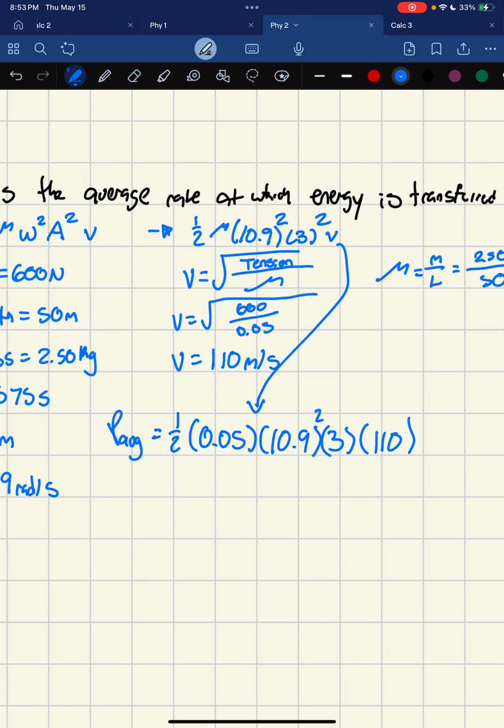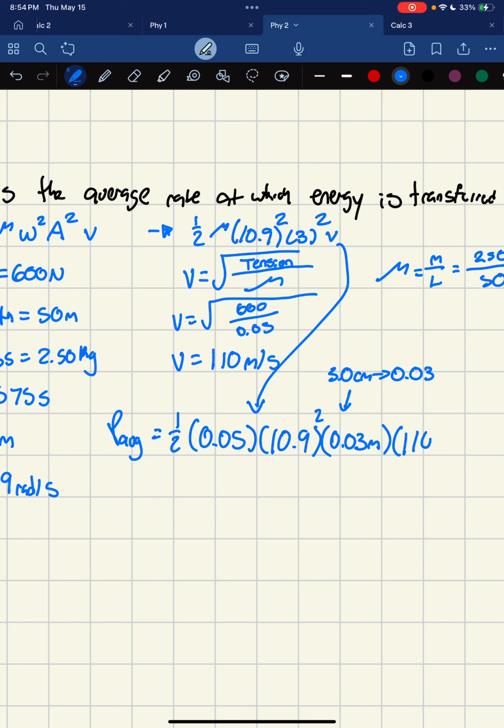And then I have to convert it back to meters, 0.03 meters.